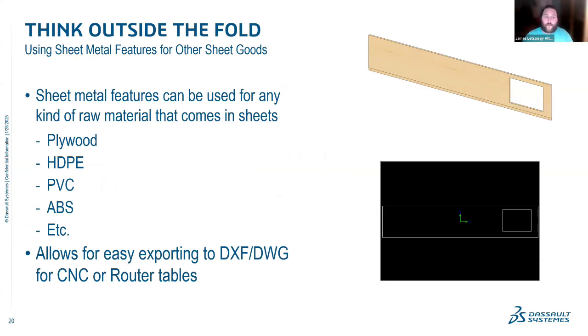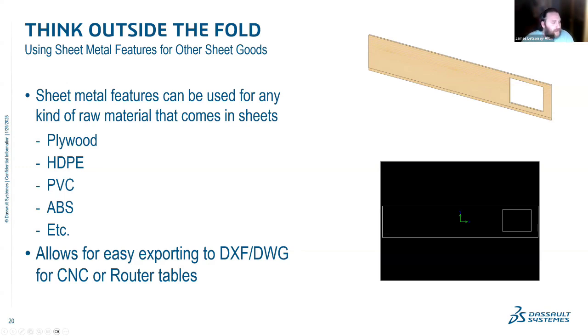Well, what else comes in 4x8 sheets? Plywood, HDPE, and other plastics like PVC, ABS, stuff like that. The reason I like using sheet metal features for things like this is because it allows for easy exporting to DXF and DWG if you were sending your flat patterns to a CNC or a router table.